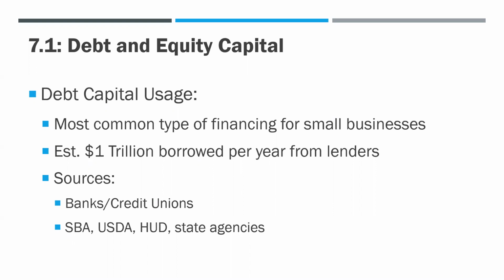So for farmers, could be your USDA, U.S. Department of Agriculture, Housing and Urban Development, and also there's state agencies that might give small business loans. And also cities, believe it or not.